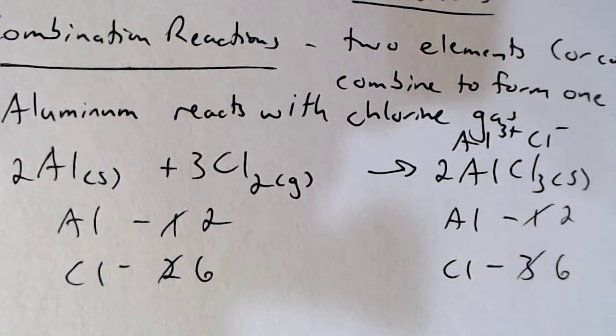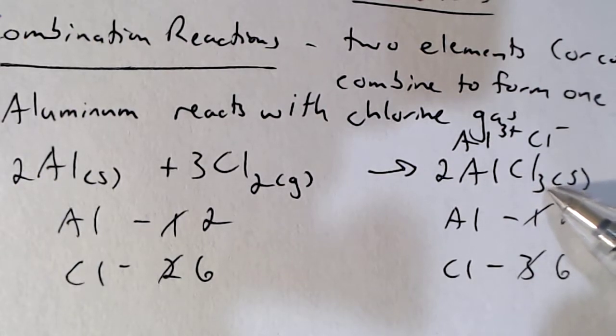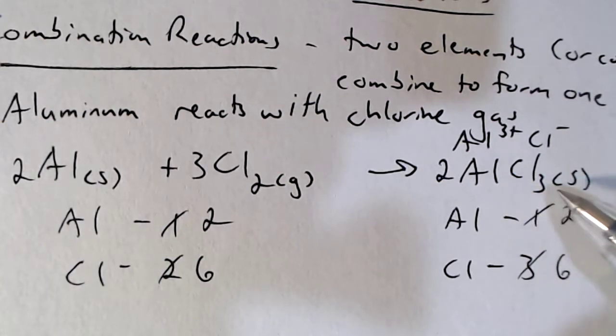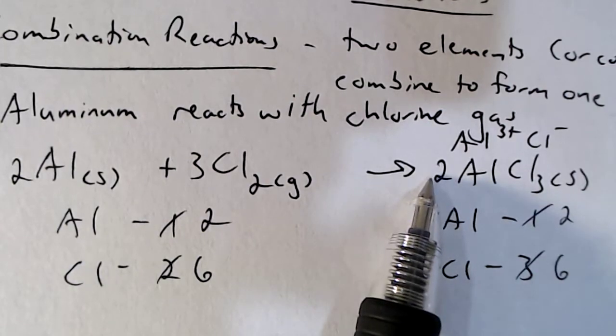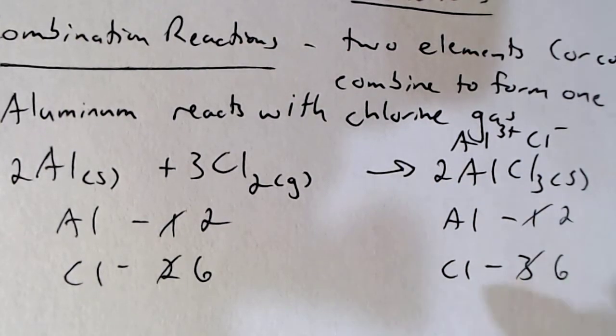If you wanted 6 chlorines, you couldn't just write 6 here. You always need to have 1 Al per 3 Cls because that's the only way that those charges balance out. And so instead of changing what the compound is and making an impossible compound, you will just change the numbers of those compounds by changing the coefficient in front.